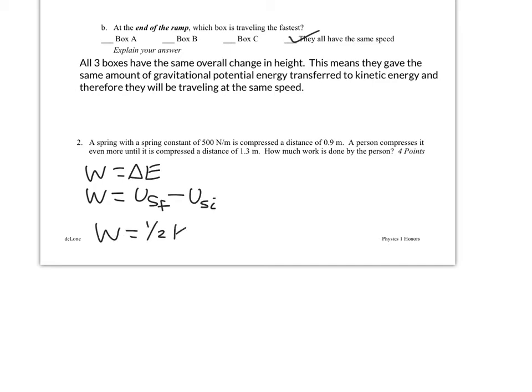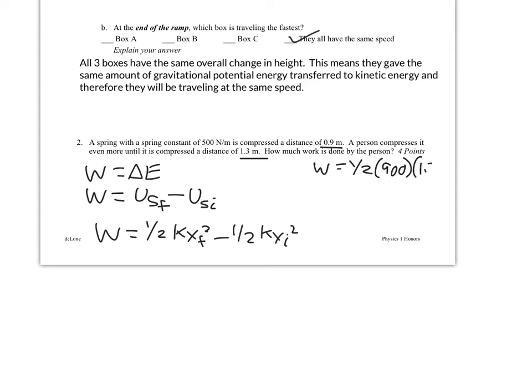So it's going to be 1/2 k x final squared minus 1/2 k x initial squared, because we're compressing it from a length of 0.9 meters to 1.3 meters. So because it's already compressed and we're just compressing it further, we need to just find that change in potential energy. Going ahead and plugging in what I know, my spring constant k is 900.